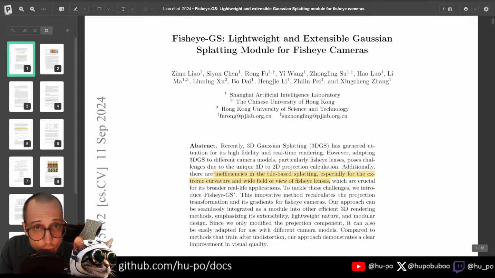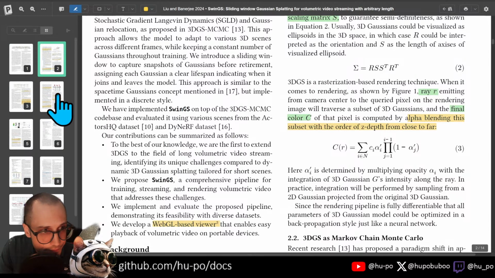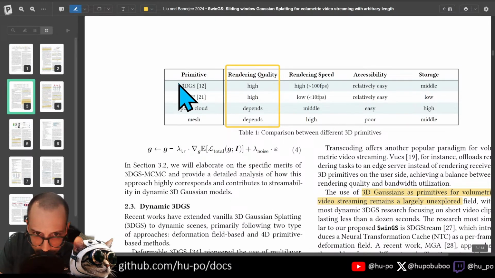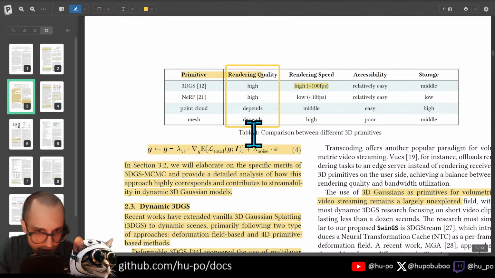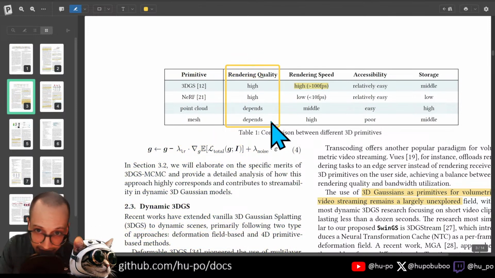And I think there's an actual comparison here in this paper. So 3D-GS, this is splats, high rendering speed. But let's look at some of these other ones here. I kind of disagree with this thing here. The rendering quality, high, depends. I think there's meshes and textures that have very high rendering quality.